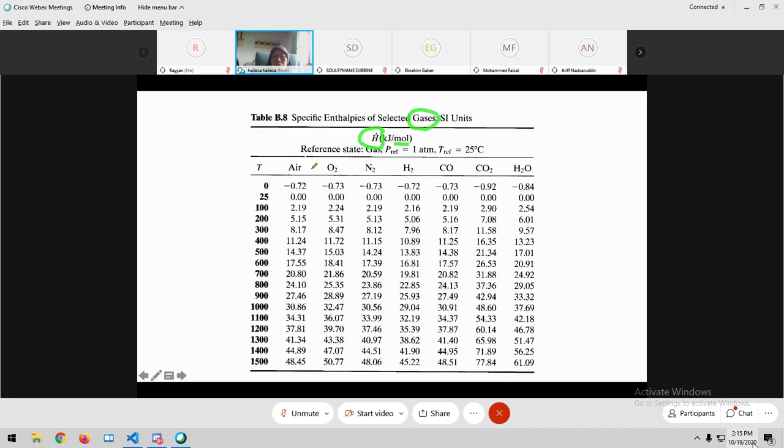So this is how you read your data of enthalpy. It's specific at one reference. So what is your reference? The reference is at 1 atm, and the temperature is 25.